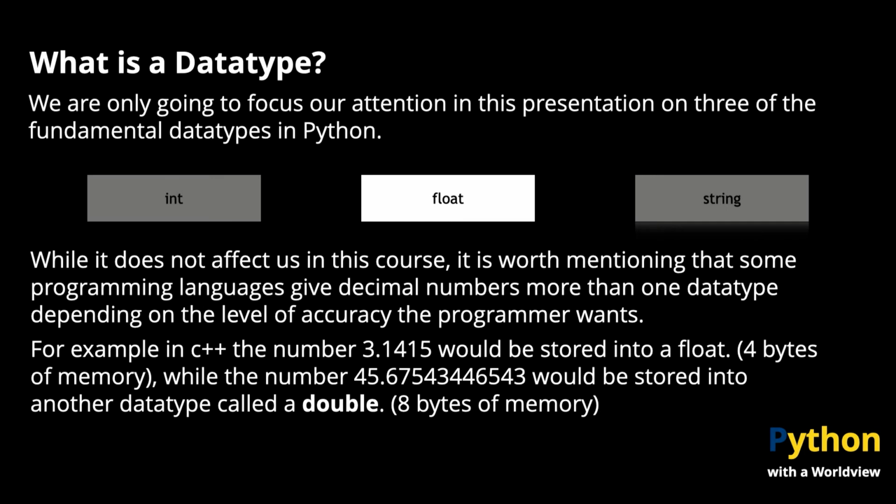While it does not affect us in this course, it is worth mentioning that some programming languages give decimal numbers more than one data type, depending on the level of accuracy the programmer wants.